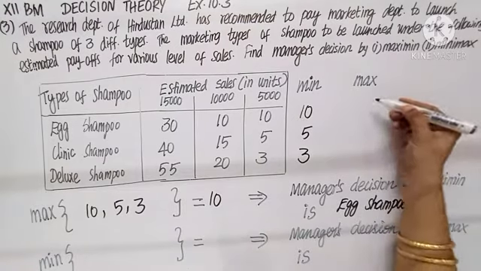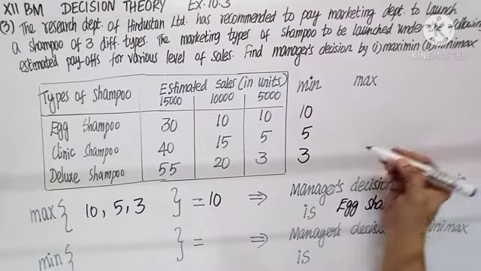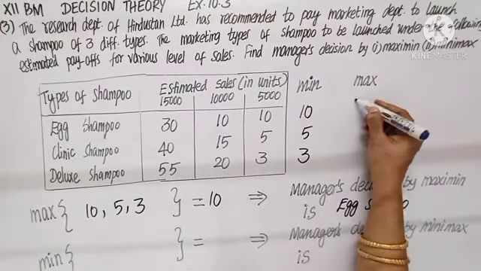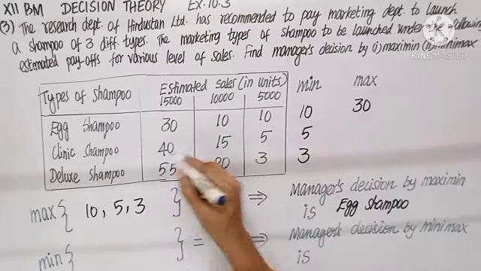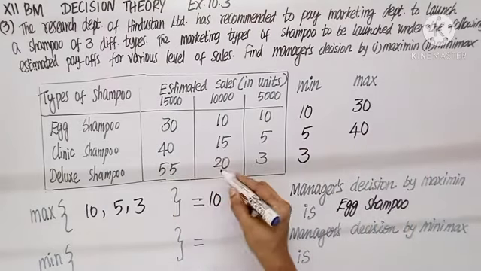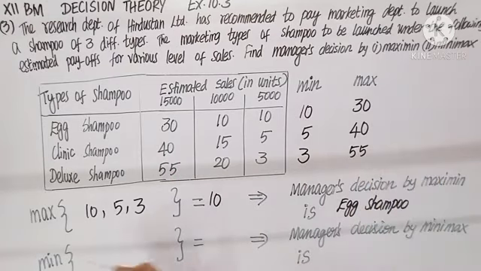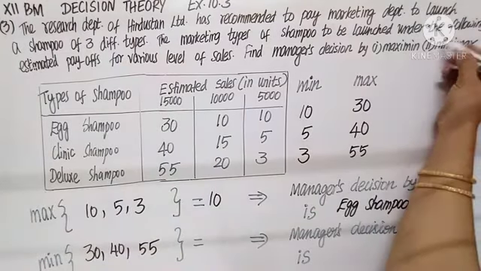The second one, minimax. Choose the maximum. 30, 10, 10. Maximum is 30. 40, 15, 5. Maximum is 40. 55, 23, 3. Maximum is 55. Out of all, 30, 40, 55, I need to choose the minimum.